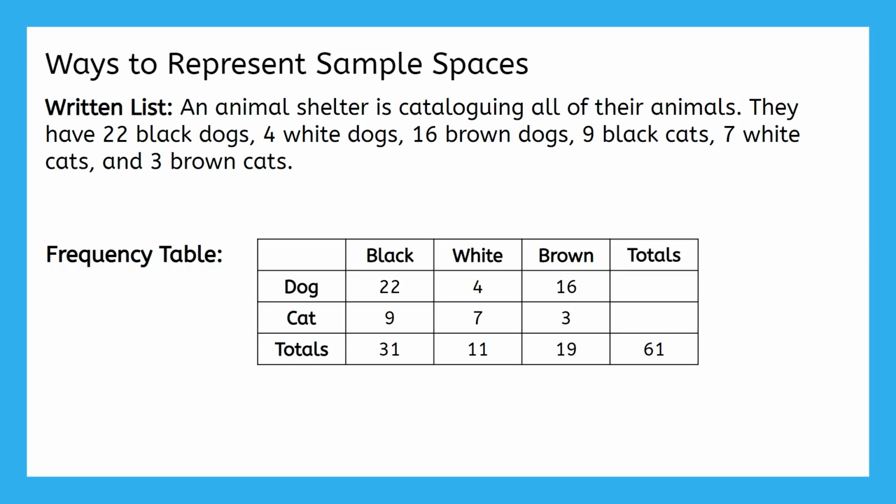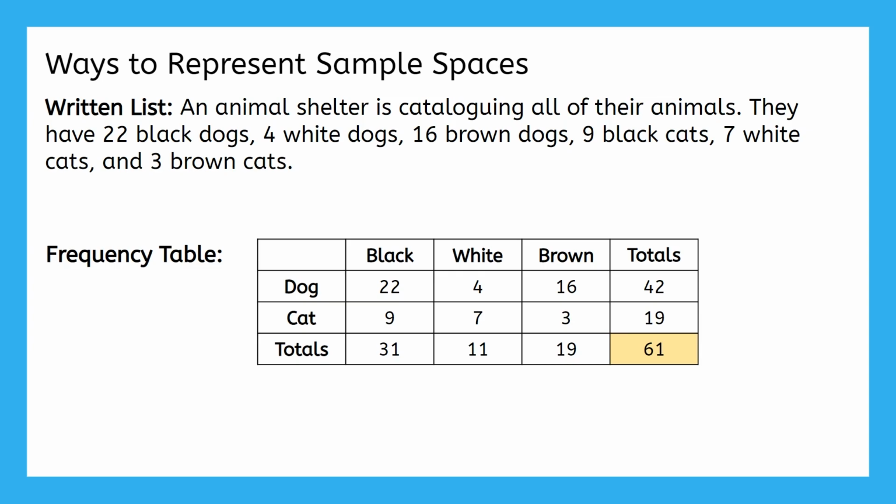We can also total by the rows or the type of animal instead. This row represents all of the dogs in the shelter. So the total number of dogs is 22 plus 4 plus 16, which makes 42. For the total number of cats, there are 19. And if we look at this bottom box of 61 again, we can see that 42 plus 19 also makes 61.